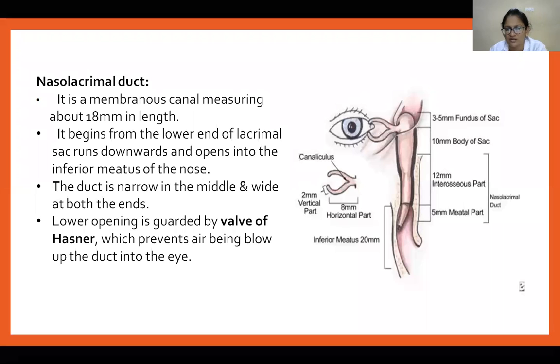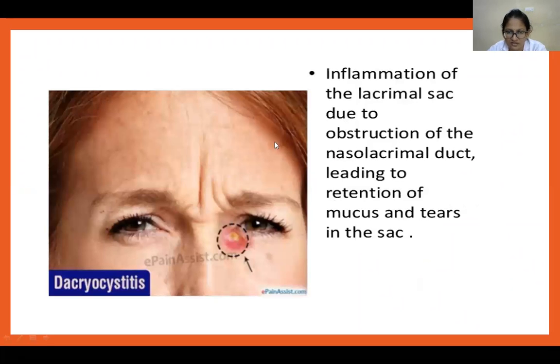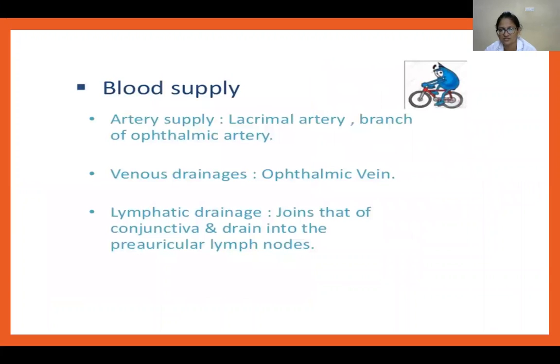If there is inflammation of the lacrimal sac due to obstruction of the nasolacrimal duct, it leads to retention of mucus and tears in this sac. This is called dacryocystitis.